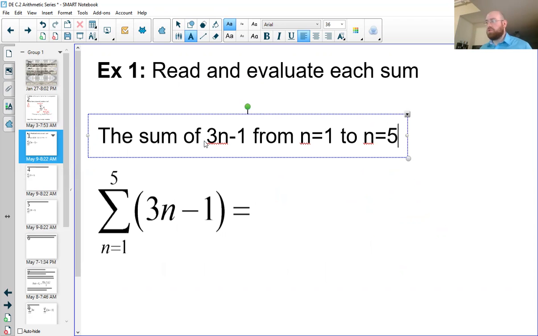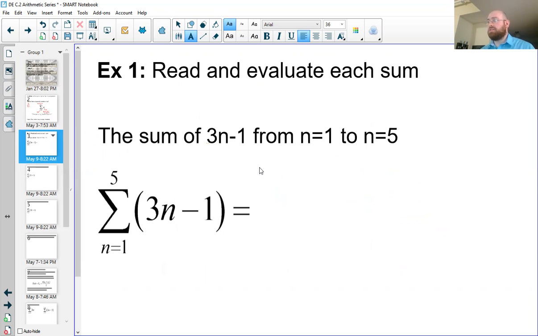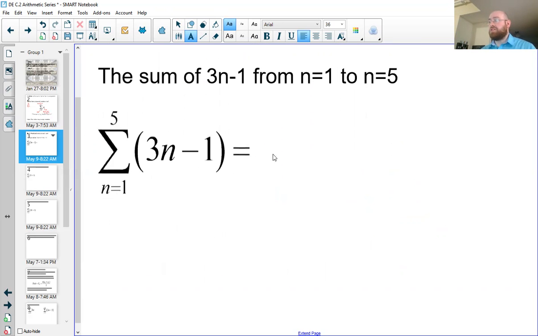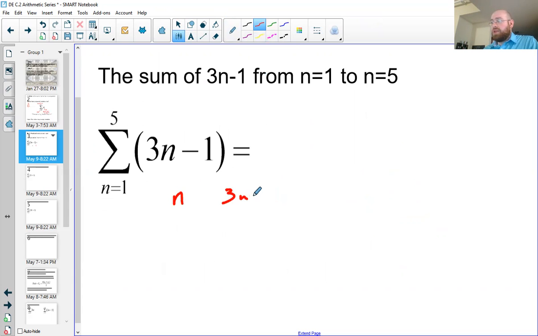To evaluate this, we are going to construct a table. We have a column for n, and then a column for 3n minus 1. Our n's are 1, 2, 3, 4, and 5.